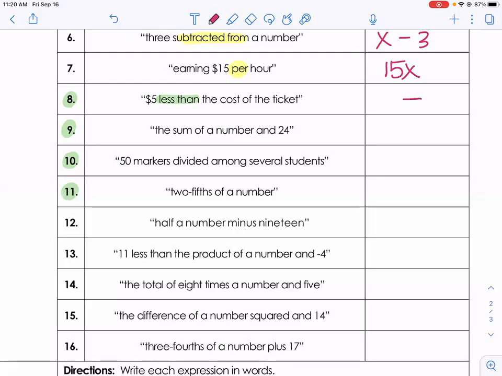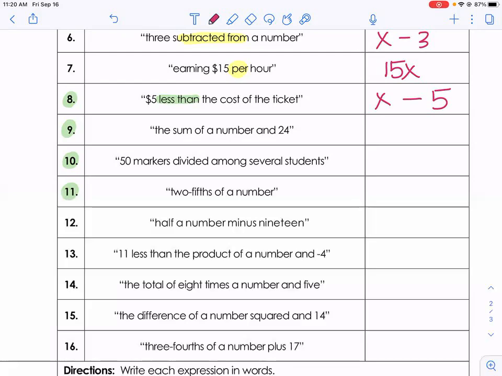Okay, why? Because you have less than, so if you had the 5. Okay, so X is the bigger number. The cost of the ticket is some number. And then we're subtracting 5 from it to make a smaller number. Does that make sense, Brady?